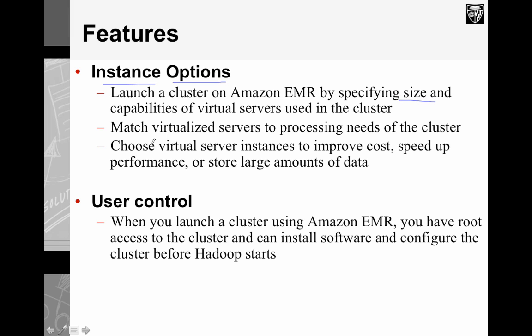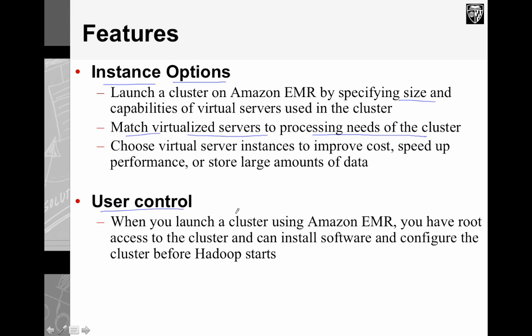So when you launch your cluster, you can match the virtualized servers to the processing needs of the cluster. If you want a server that has big storage, then you can use one of those VMs which has a lot of storage in it. If you want a server that has a lot of memory, you can get a VM or a bunch of VMs for your cluster that has a lot of memory in it. So you can choose between various instance options for the cluster machines.